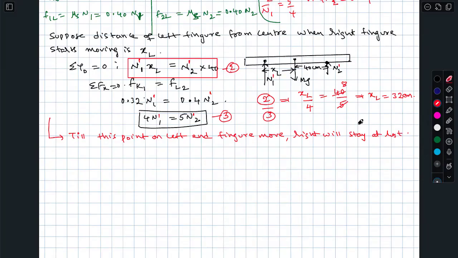Next. ఇప్పుడు after this what happens? After this, left finger stay at rest, right finger will move towards the center.